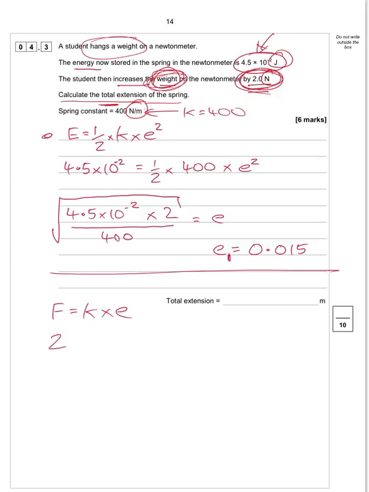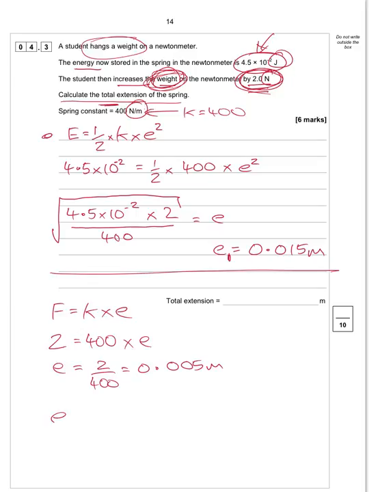So if I have a look, an additional force of 2 newtons, if the spring constant was 400, would give me an extension of 2 divided by 400, which would be 0.005 meters. That's also in meters as well.